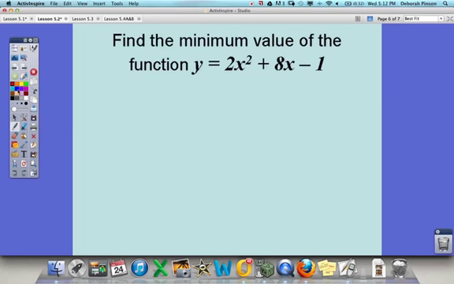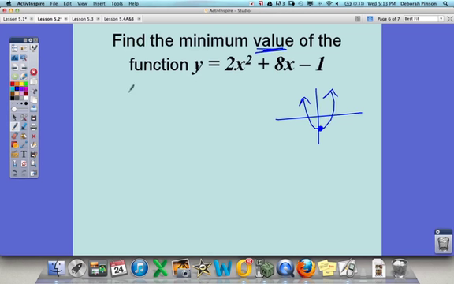Okay, now on this very last problem here, what I'm going to ask you to do is find the minimum value of this. Now, I don't know exactly where this would be, but I know it generally looks like this. If I'm asking you to find the minimum, I'm talking about right there. So let's find that point, and then we'll talk about what the minimum value is.